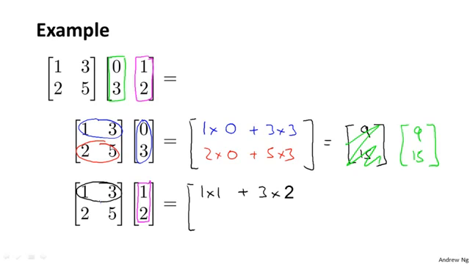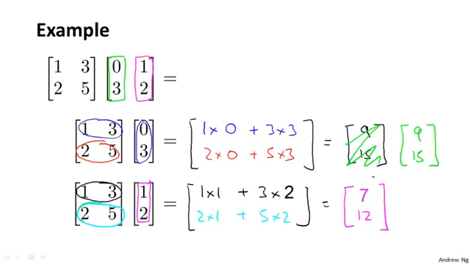And let's do the other one. That gives me 2 times 1 plus 5 times 2. And so that is going to be equal to, let's see, 1 times 1 plus 3 times 1 is 4, and 2 times 1 plus 5 times 2 is 12.